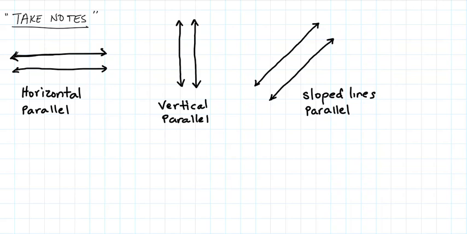So which lines can be perpendicular? Two horizontal lines can never be perpendicular, so two horizontal lines will always be parallel. Two vertical lines will always be parallel, but two sloped lines won't always be parallel.